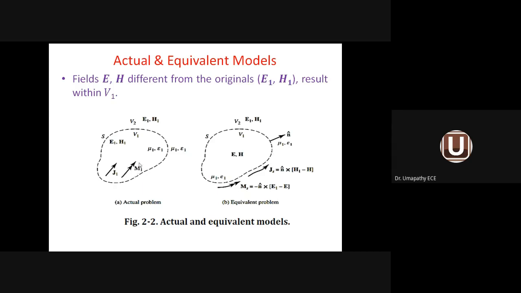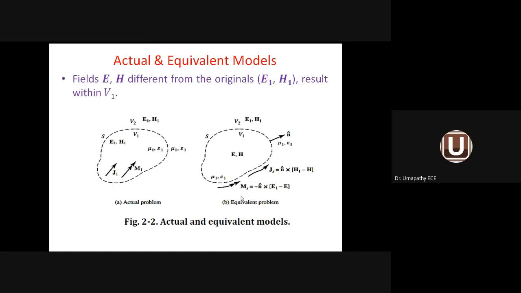Further, we are replacing the actual problem by means of an equivalent problem. These sources J1 and M1 will not be there. Instead of that, some smaller value of E and H, or I can call it a uniform value of E and H, will be available within the volume V1. Outside, we are supposed to find out the electric field E1 and the H1 in a particular direction. See the direction n cap. In this direction, I want to determine the radiation characteristics for the aperture antenna.